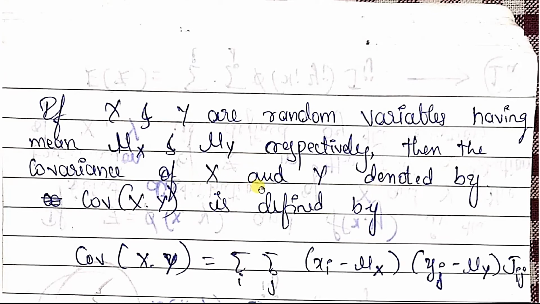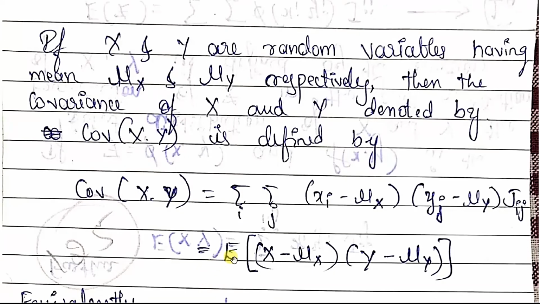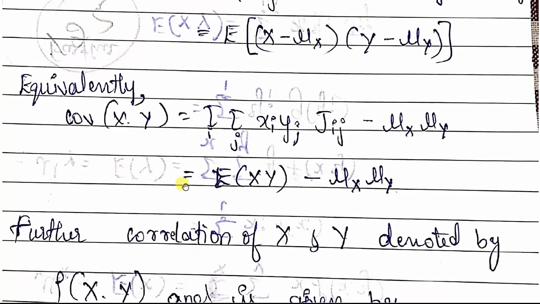Okay, if x and y are random variables having mean mu x and mu y respectively, then the covariance of x and y, denoted by COV of x comma y, is defined by, directly you just remember this, covariance of xy is equal to E of xy minus mu x mu y. These middle terms and all you don't need, directly you just remember these things.